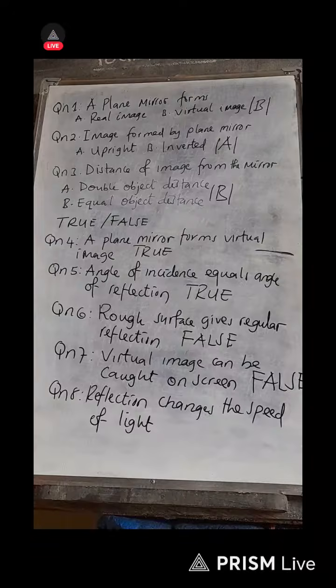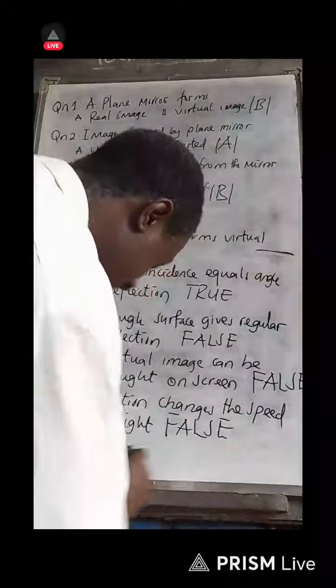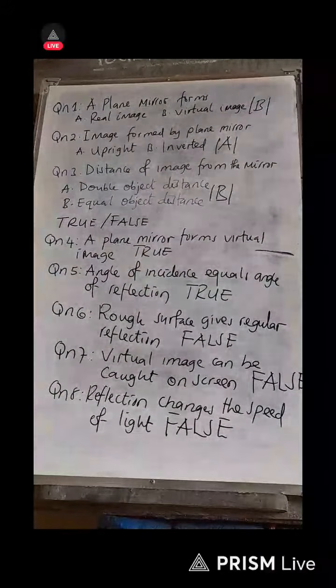Reflection of light on the plane mirror changes the speed of light. Do you think it is true or false? Yeah, what is your correct answer? The answer here is false. It is not true that the speed of light can be changed through reflection, because the light travels in the same medium.